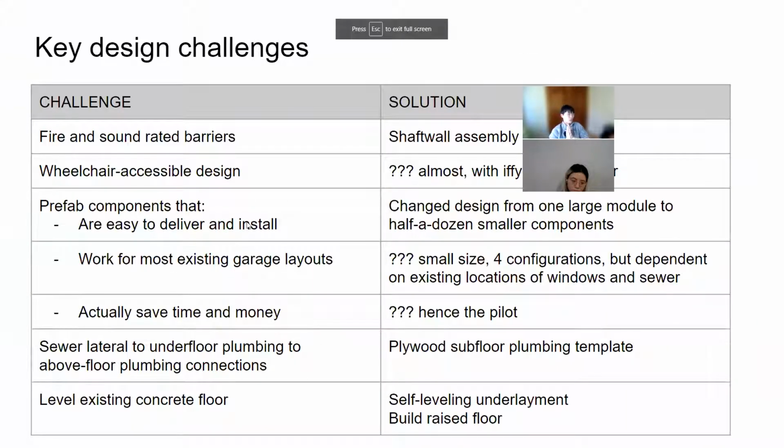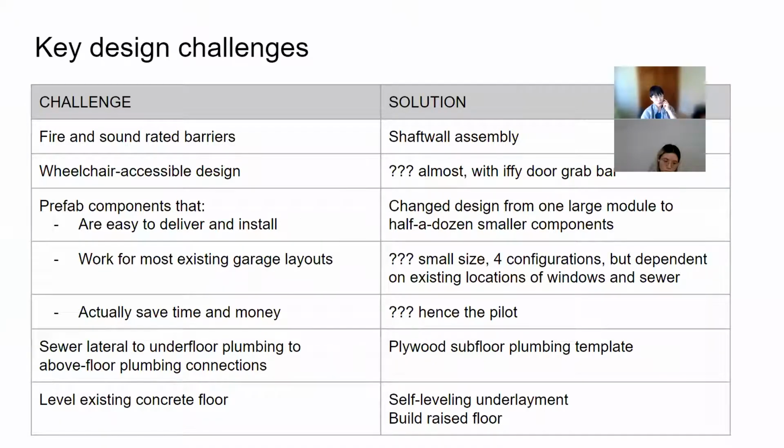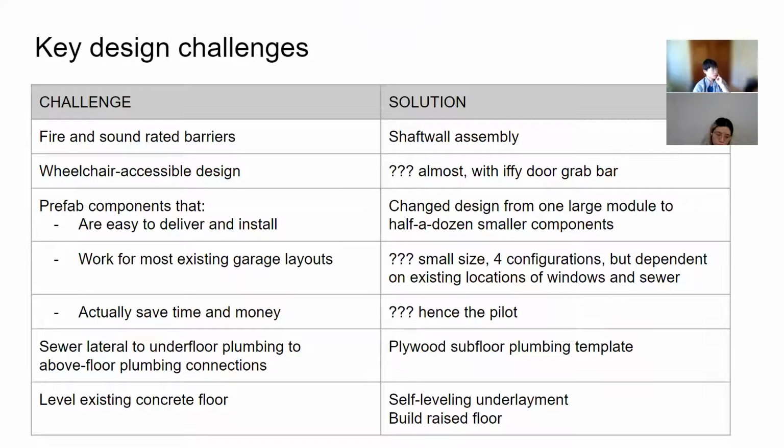So going back to those key design challenges, what we think we've brought forth as these open source solutions that will be well documented and detailed would be a shaft wall assembly solution for fire and sound rated barriers, at least one wall for every garage ADU. For the wheelchair accessible design, I'm putting question marks here, but hopefully folks in the audience think that in the spirit of the law sense, this has been designed to be wheelchair accessible, but with an iffy door grab bar solution.